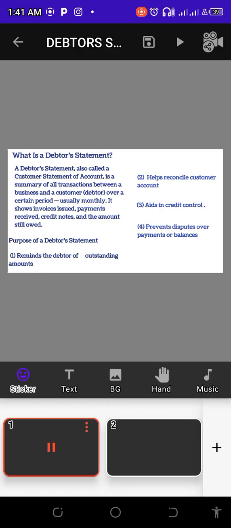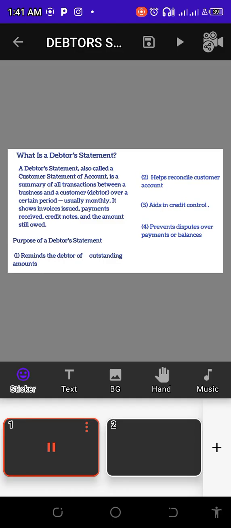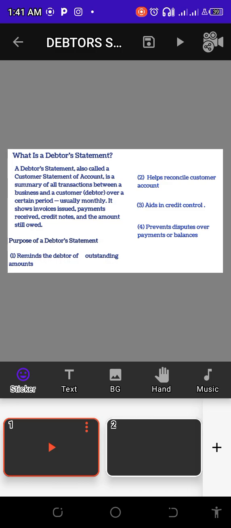That means it will enable the customer to know the exact amount that they are owing, and the supplier, which is the business, to ascertain precisely the amount the customer is owing.